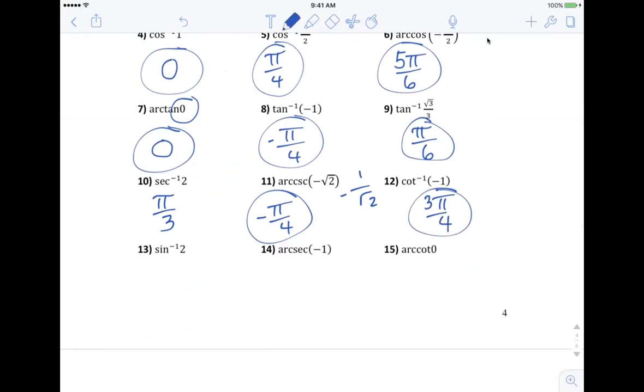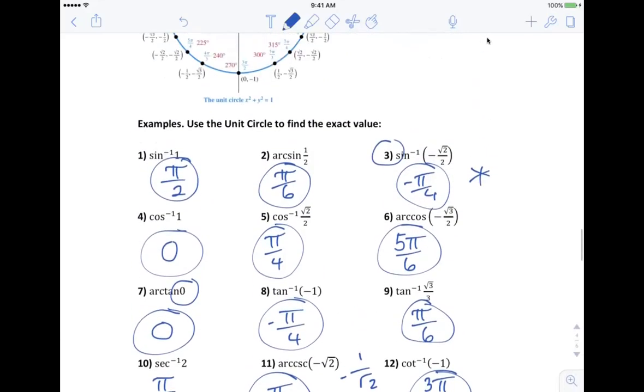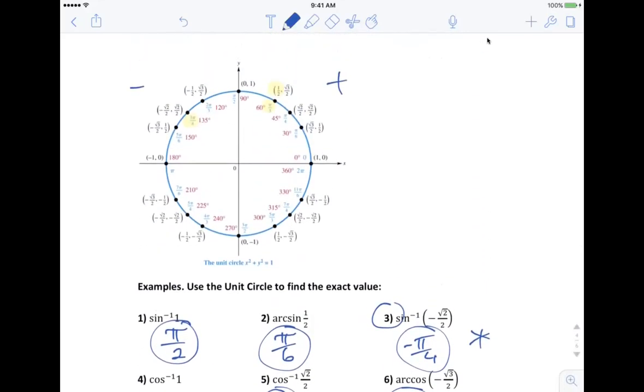Okay. How about sine inverse of 2? That one, I'm like, what? Sine inverse of 2. Sine of what angle is equal to 2? So I'm looking for a y coordinate on my unit circle that has 2. Well, this is a unit circle. There's no 2's, right? The greatest one is 1.